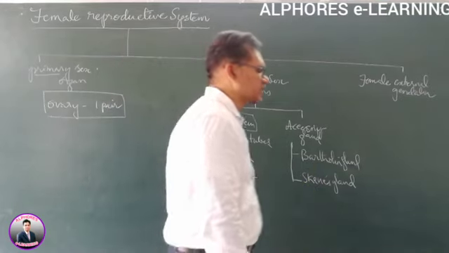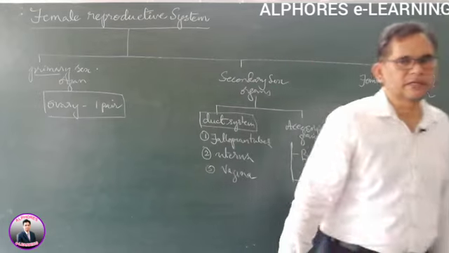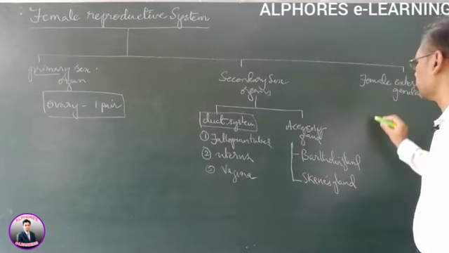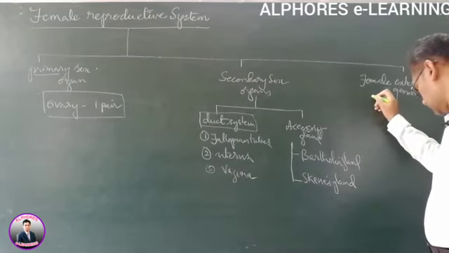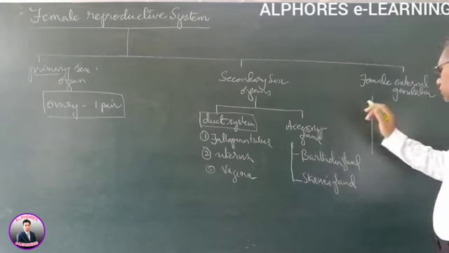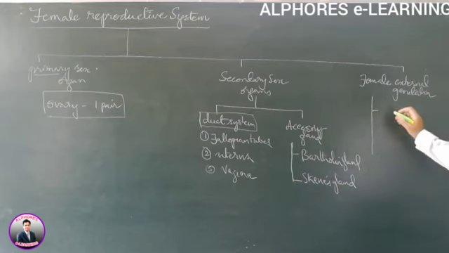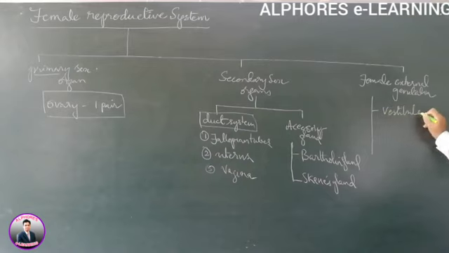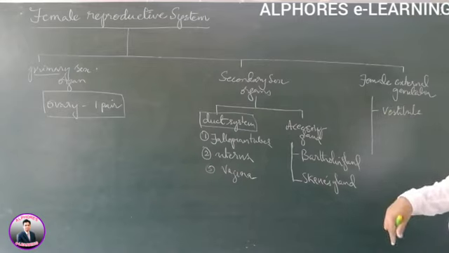Now female external genitalia. It consists of the following parts. They are the vestibule.